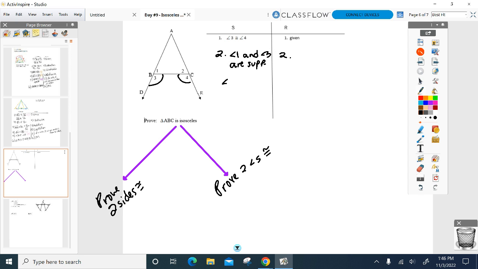And angle 2 and 4 are supplementary. Anybody got a reason for that? Same reason, John, we've been using all year? Yep. Good. Now, after you say they're supplementary, now you can tell me, hey, 1 and 2 are congruent. Because if you look, 1 is supplementary to 3 and 2 is supplementary to 4.